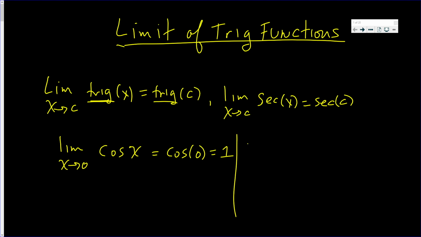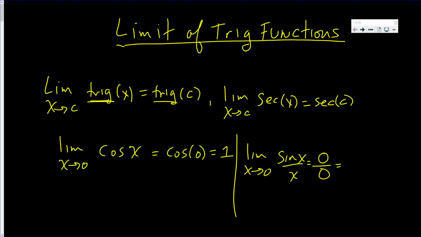For example, what is the limit as x goes to 0 of sine x over x? Well, direct substitution gives you the sine of 0, which is 0, over 0. That means it's indeterminate. We can't figure out yet what it equals.